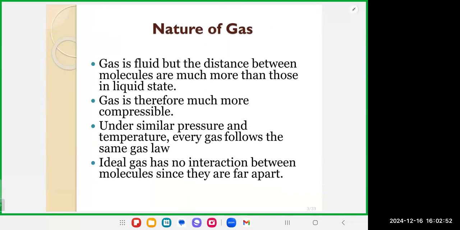Gas is a type of fluid, but the distance between each molecule is far greater than in the liquid state. So when you add gas into a container, it will spread all the way to cover all empty space.